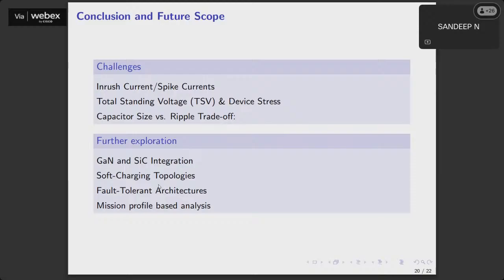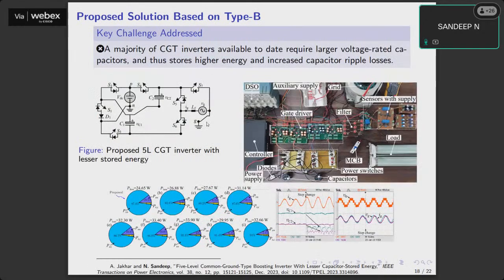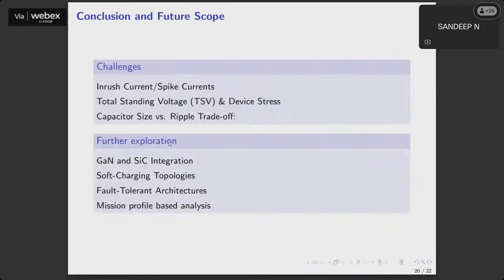So we can go for soft charging. Then we can go for a fault tolerant architecture, right? So that is possible. Even this CGT, what you see here, has an ability to go for fault tolerant operation. From 5 level, if at all there is some fault, some portion can be isolated and it can sustain operation for 3 level. Okay. You can go for a 3 level arc.